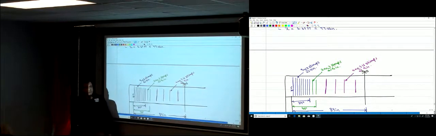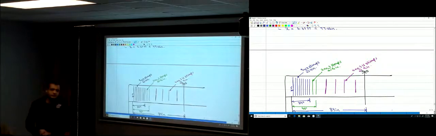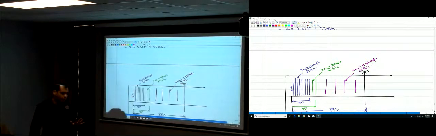Okay? So so far we covered designing for moment, for positive and negative. We covered the design for moment using compression steel, the doubly reinforced section. We covered the design for one-way slabs. We covered the design for T-beams, okay?